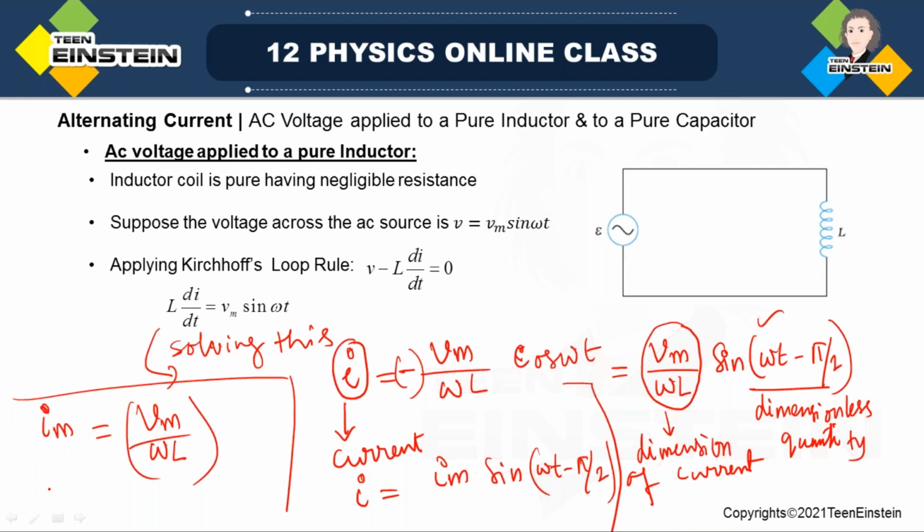And we know from Ohm's law, if we bring an analogy, current is V by R. So from that analogy, we can write that this omega L has the dimension of resistance.